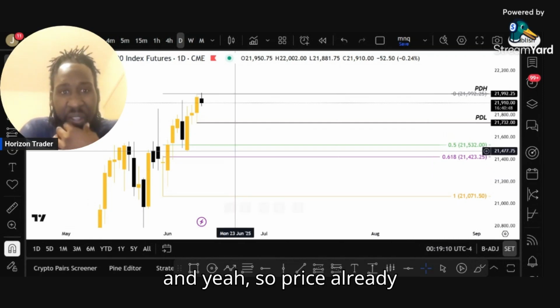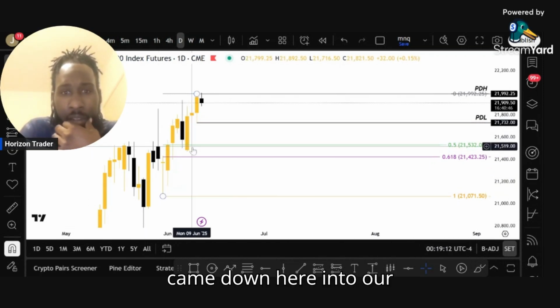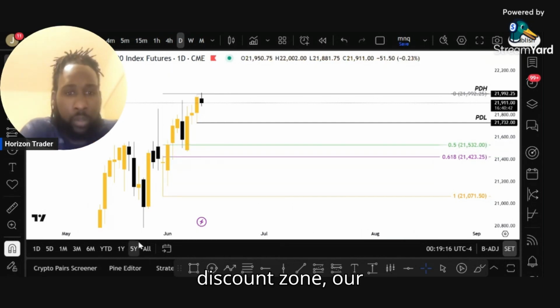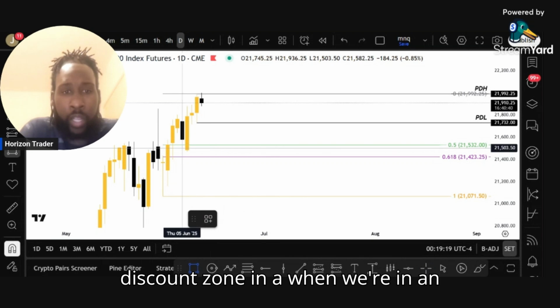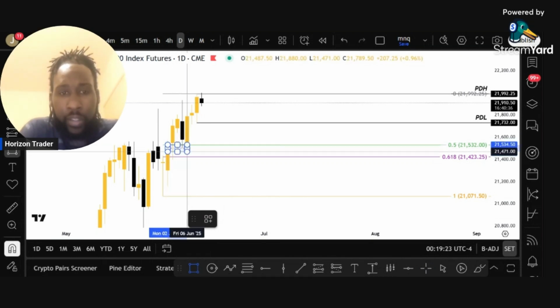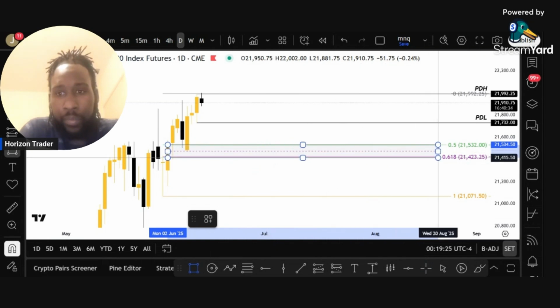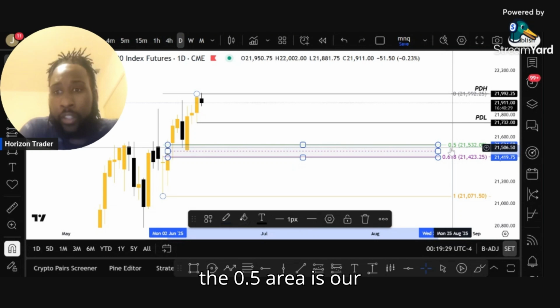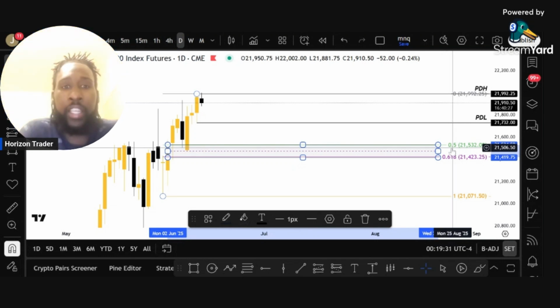And yeah, so price already came down here into our discount zone. Our discount zone when we're in an uptrend is this 0.618 area. The 0.5 area is our equilibrium. All right.